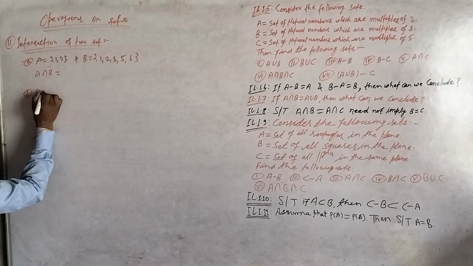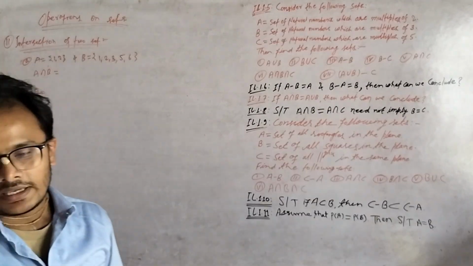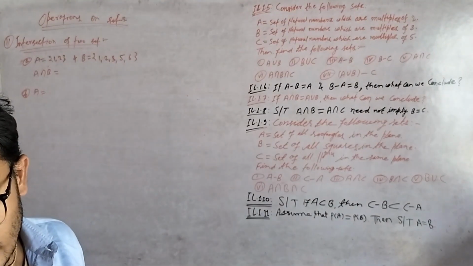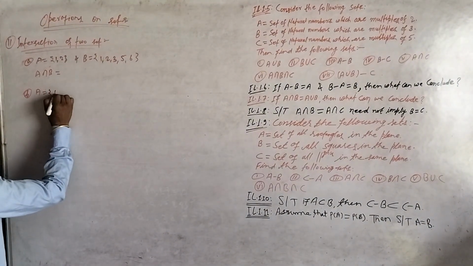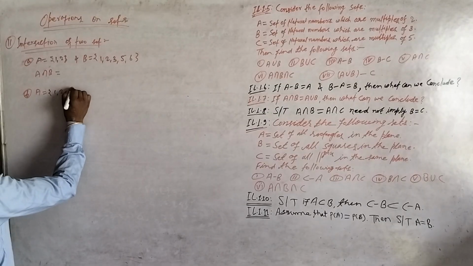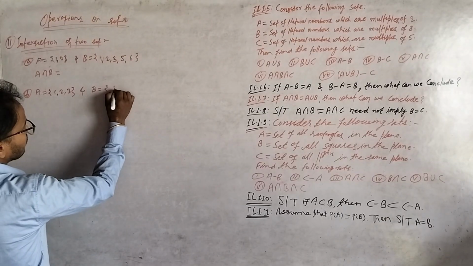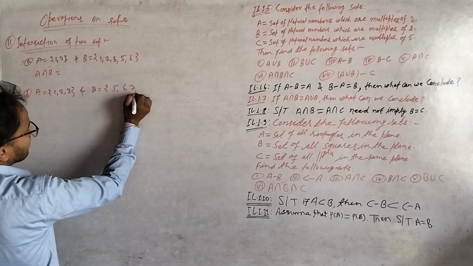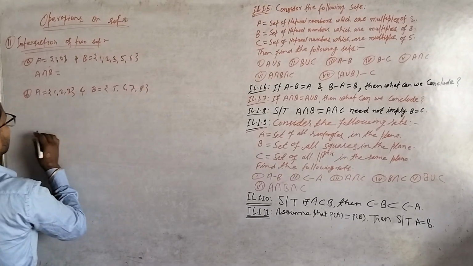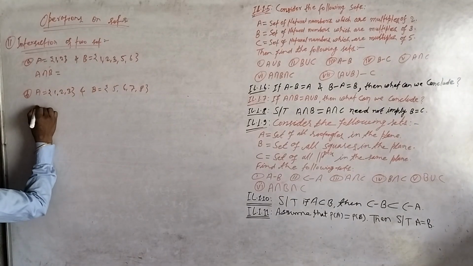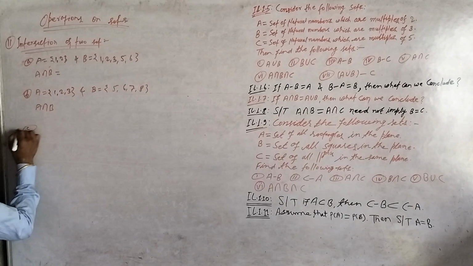For the second example, we take A equal to {1, 2, 3} and set B equal to {5, 6, 7, 8}. Then what is the value of A intersection B?